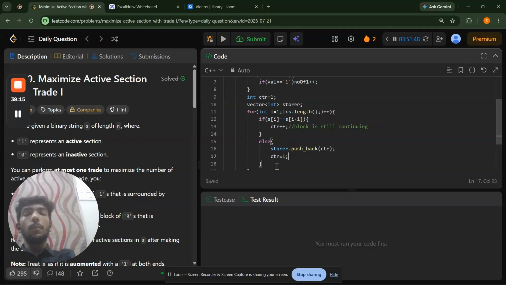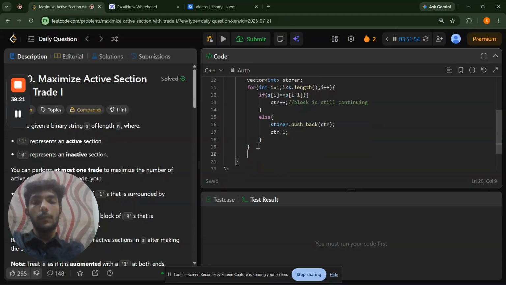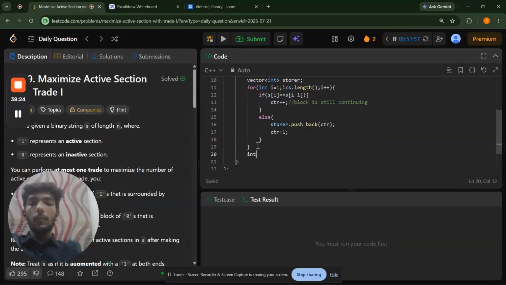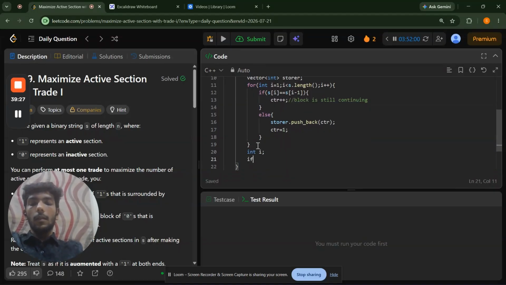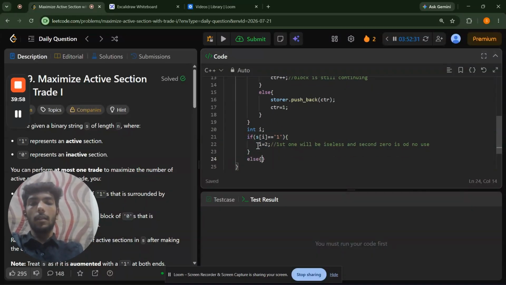A single element can also form one block. Okay. Now if s of 0 equals 1, we start iteration with index 2, because the first one will be useless and the second 0 is as well.